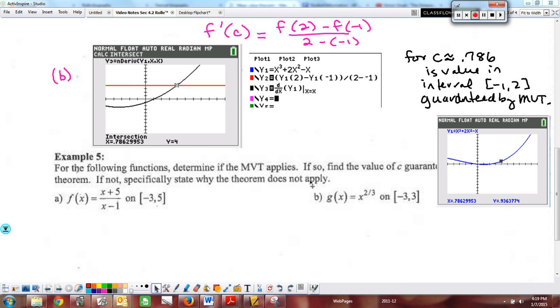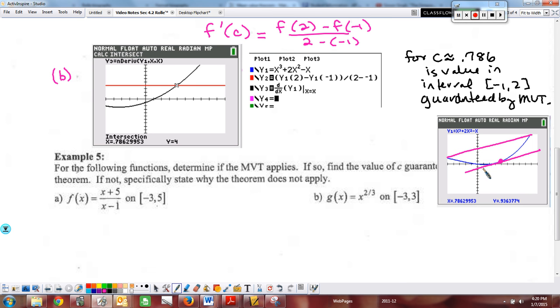But basically what I want you to look at here is that if I were to draw the secant line, and let's go for hot pink this time, if I were to draw the secant line between the endpoints and then draw the tangent line at that point, then they are parallel to each other, which means they have the same slope.